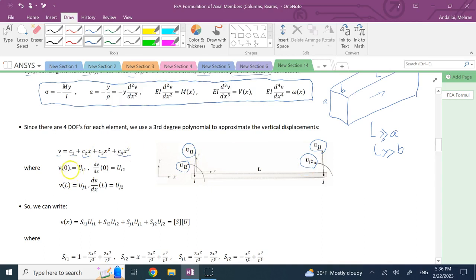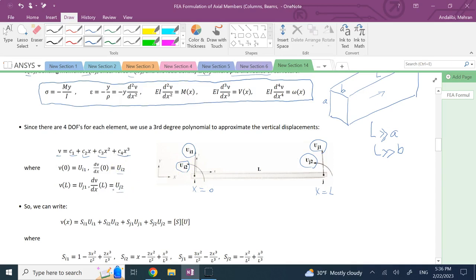Based on the definition of the U's, here is x of 0, and here is x of L, and x here is basically your local coordinate. Nu at 0 is UI1, and at L it's UJ1. Then the derivatives of nu with respect to x, which are the angles of rotation, are UI2 and UJ2.